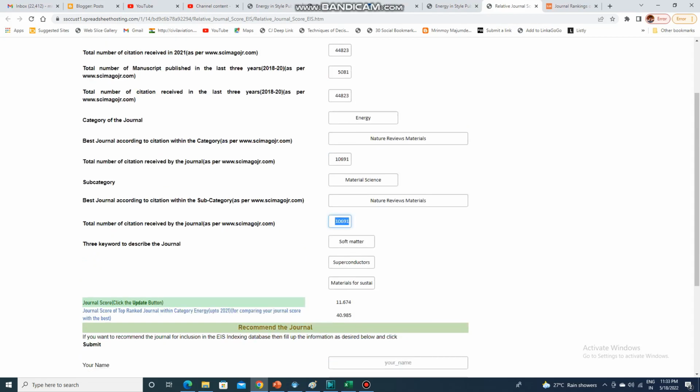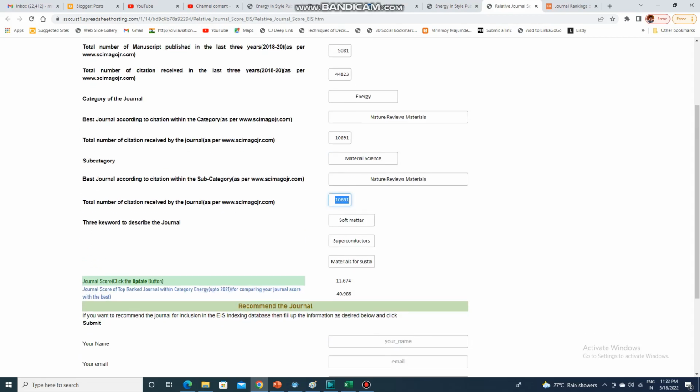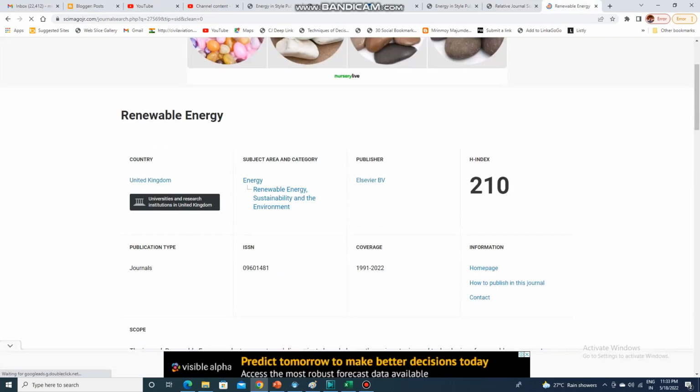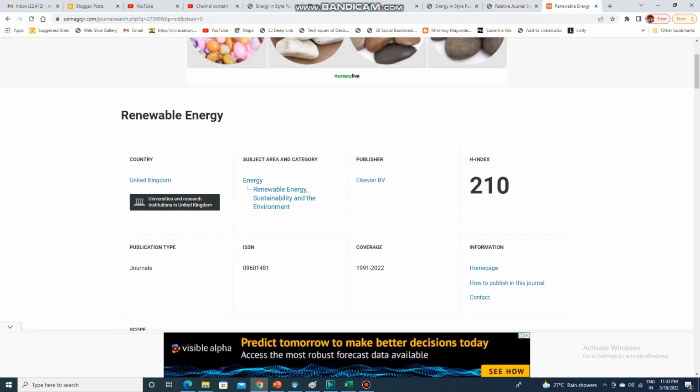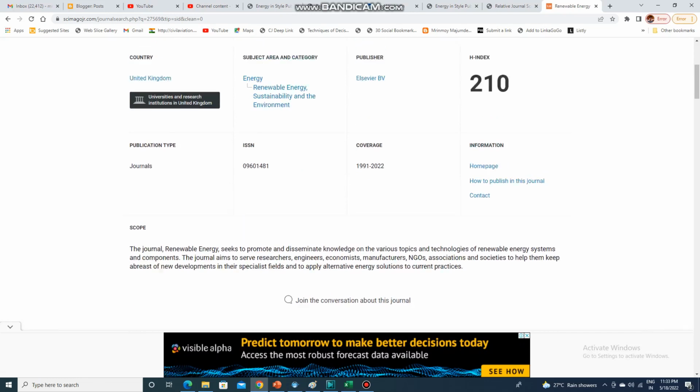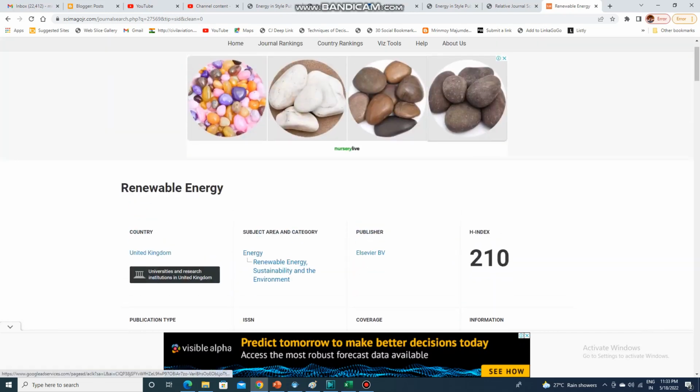This is a subcategory of Renewable Energy. So let us click on the page to find out the subcategory, or here it is category. They are showing no category here, so let us assume that this is also from the subcategory. Renewable energy, sustainability and the environment.